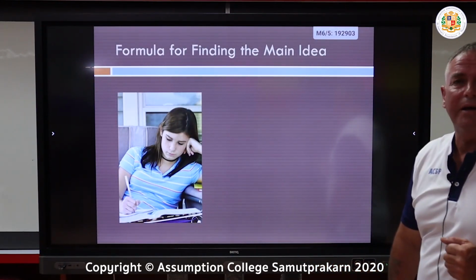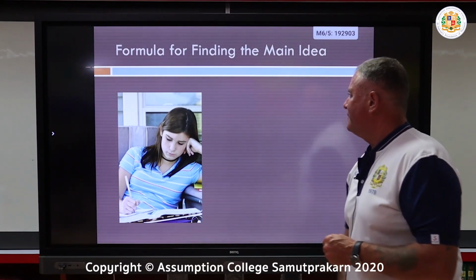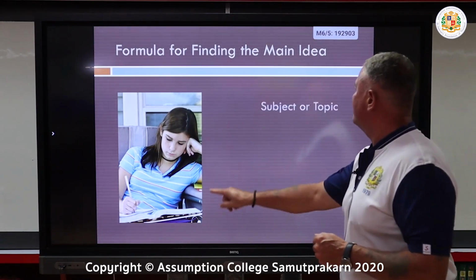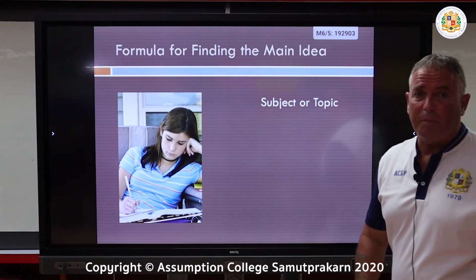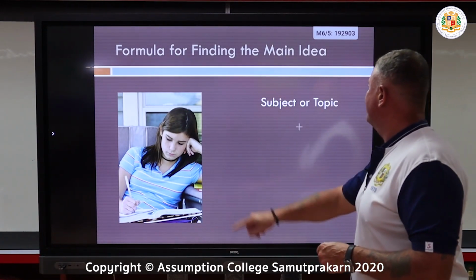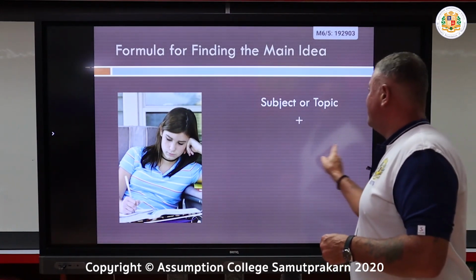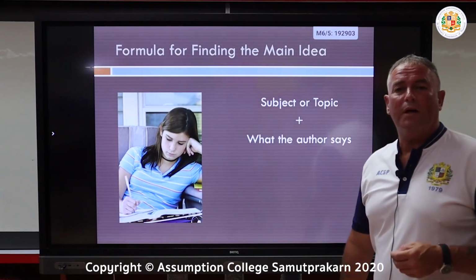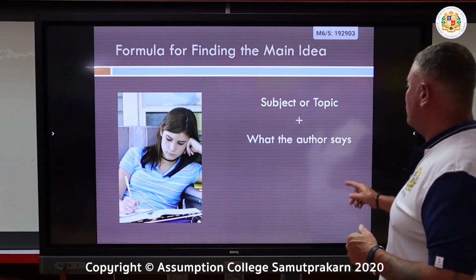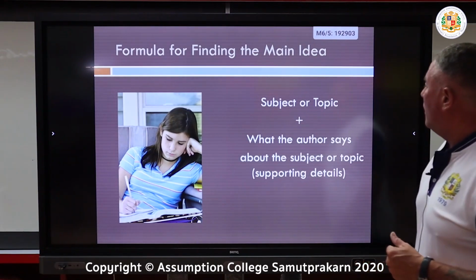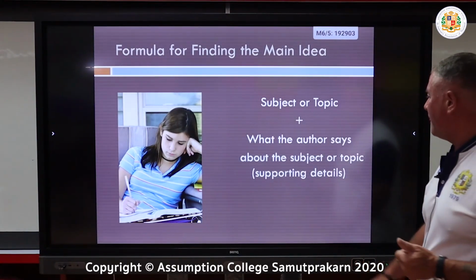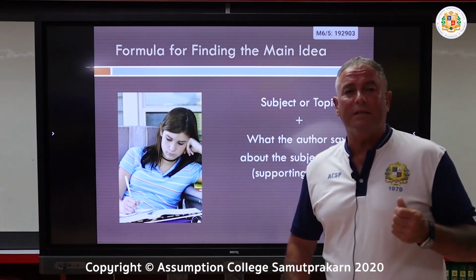Formula for finding the main idea. Subject or topic, plus what the author, the writer, is trying to say about the subject or topic, and then the supporting details.